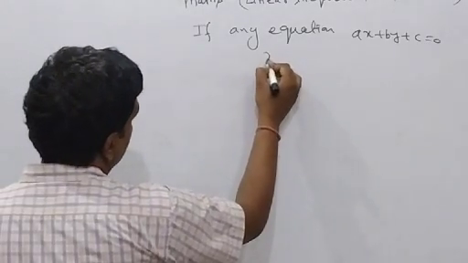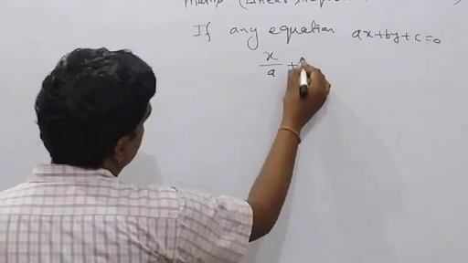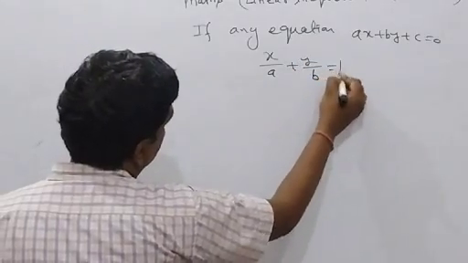Intercept form means x by a plus y by b is equal to 1. Clear?